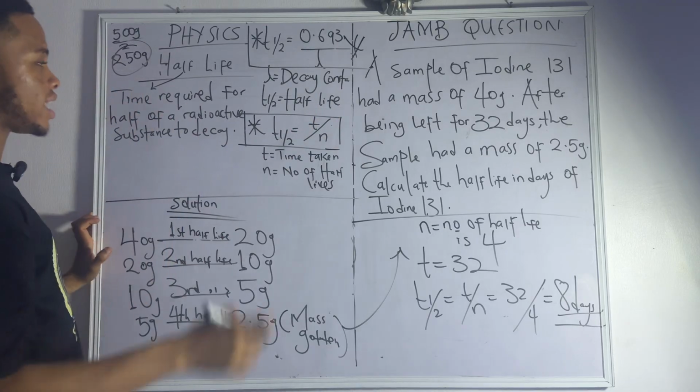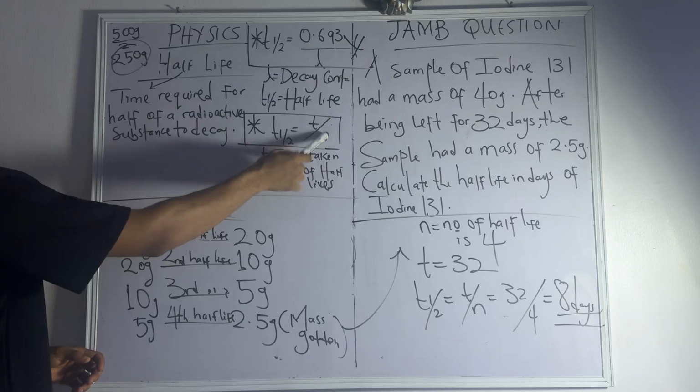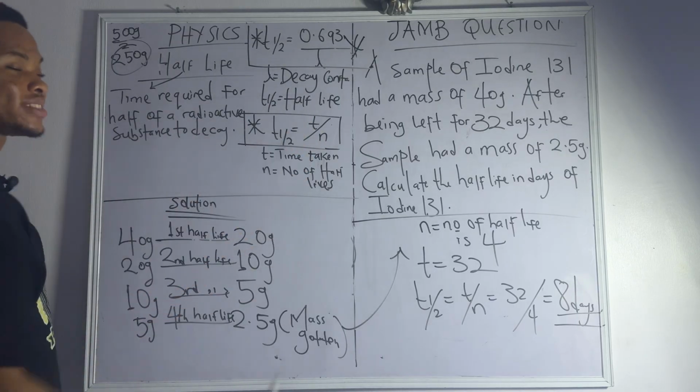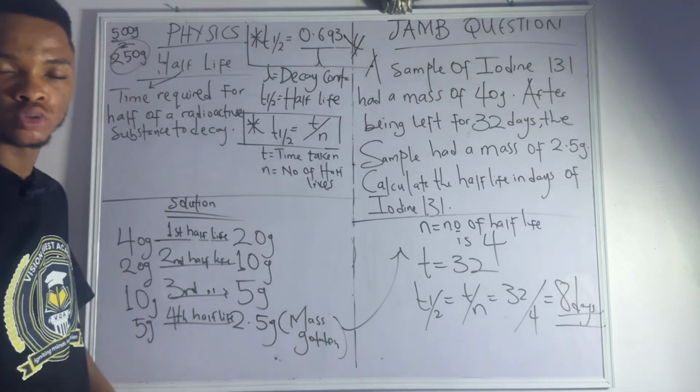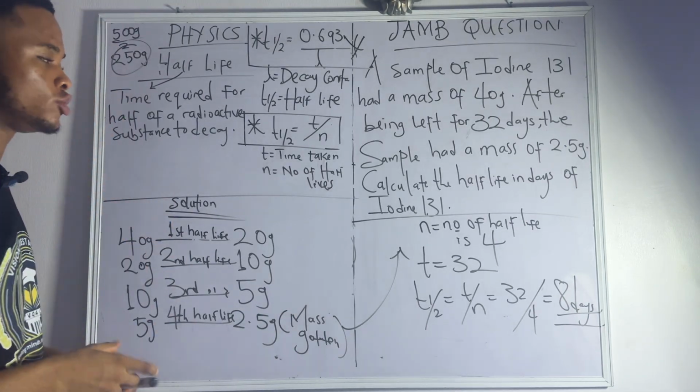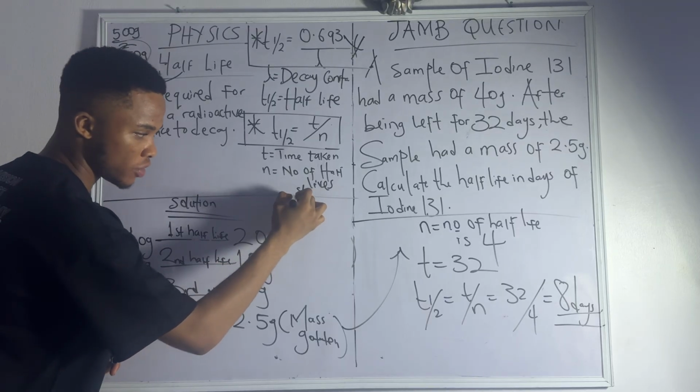Another one you need to know is that half-life is equal to t over n. Your t is your time taken, and your n is your number of half-lives. Please note, there are differences between number of half-lives and half-life itself.